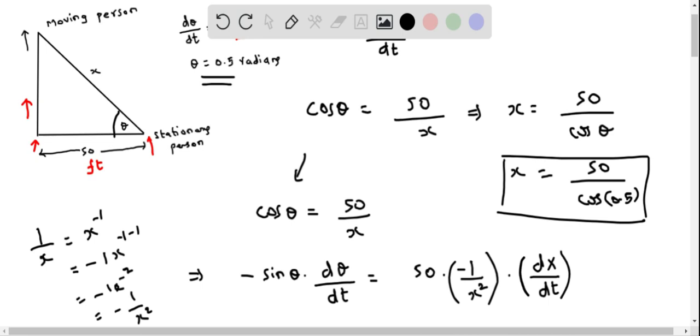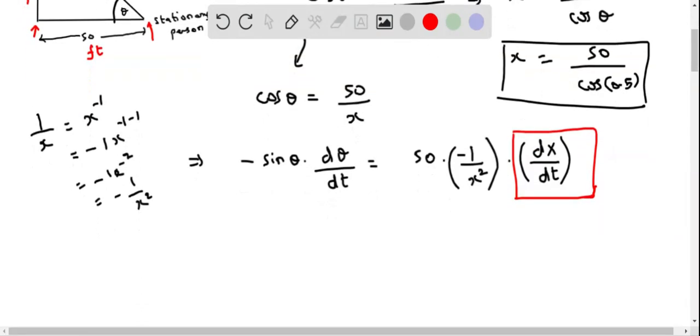So from this equation we have to determine the rate of change of distance between those two persons. That is basically we have to find this quantity dx by dt. So we will keep this on one side and transfer everything to the other side. So which means now we can see that we have the value of theta. So I can plug in the value of theta as minus sine of theta, given as 0.5 radians.